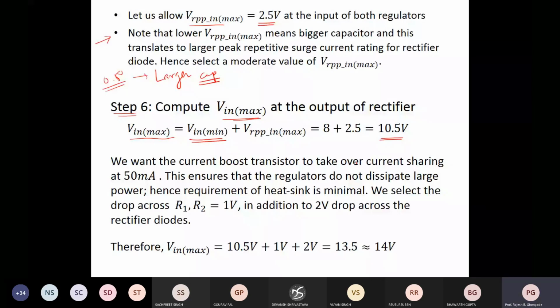Please remember that we want 2 amperes totally as load current. There is no point in having all of it pass through the regulator. As it is, we are going to use the boost transistor. So why not let only a small fraction pass through the regulator? So we would want the load sharing to start at 50 milliamperes.